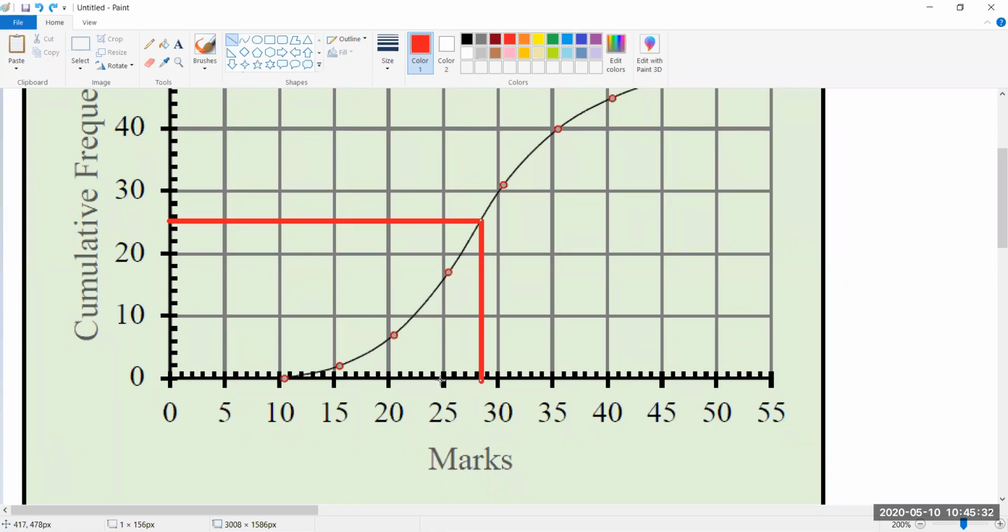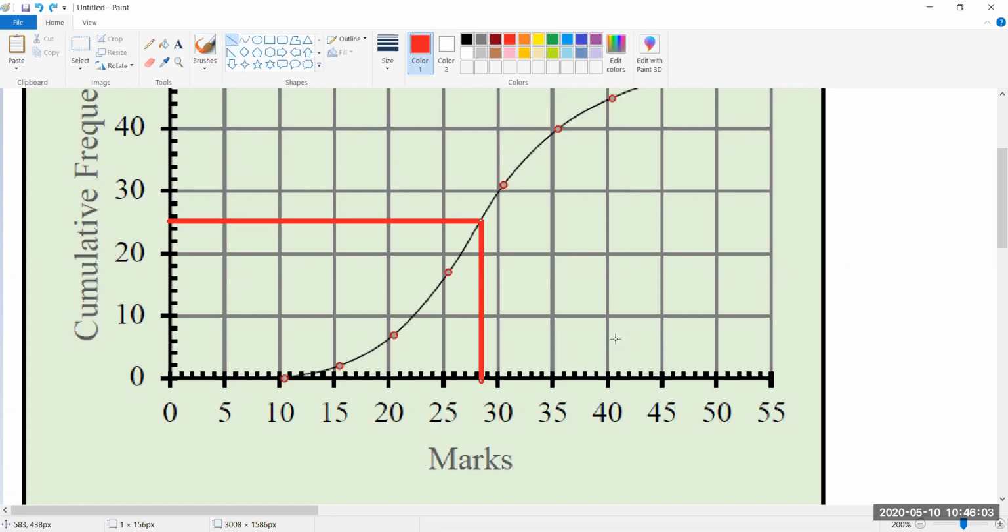So each bar represents 2, right? So 24, 26, and this is 28. So between 26 and 28 is 27.5, right? So we just found the median.